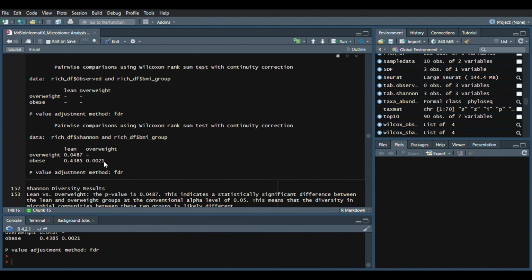This is also statistically significant, indicating a significant difference in microbial diversity between these two groups. And finally, lean versus obese is 0.4385, suggesting there is no statistically significant difference in Shannon diversity between the lean and obese groups.